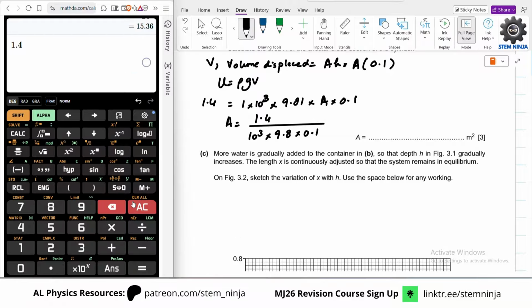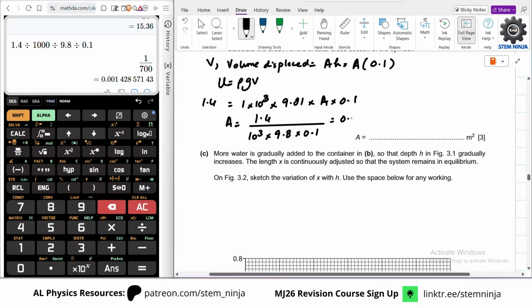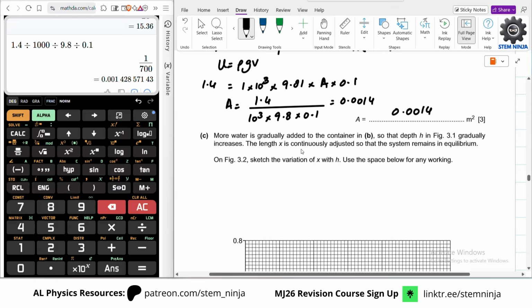So 1.4 divided by 1000, divided by 9.81, divided by 0.1. So we get 0.0014 meter squared. Right, okay.